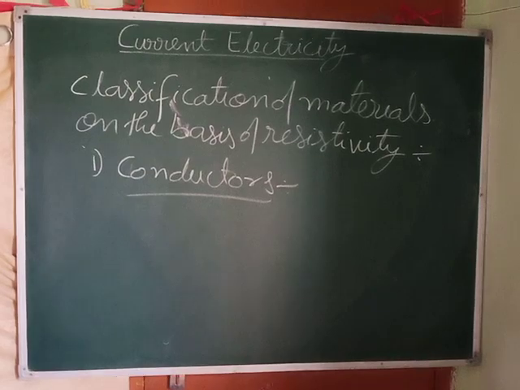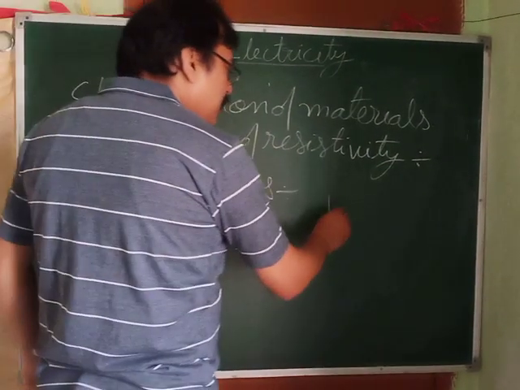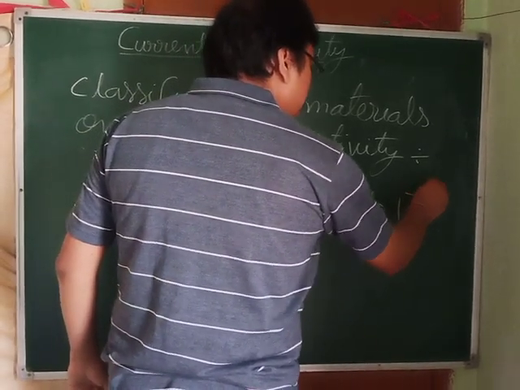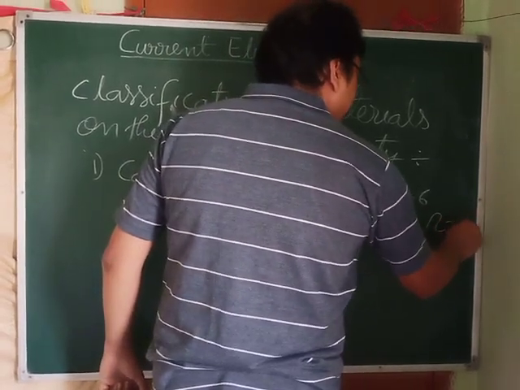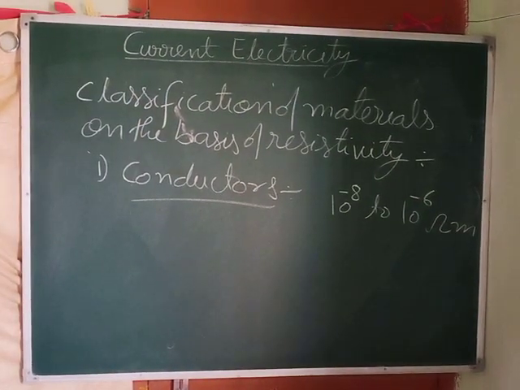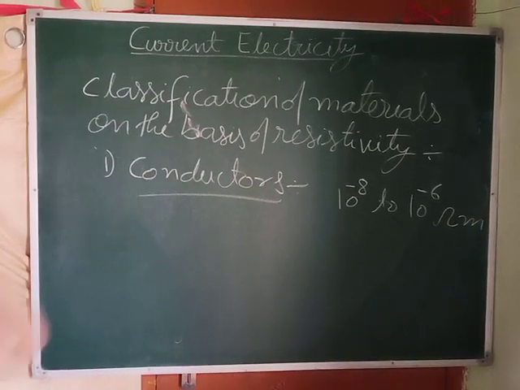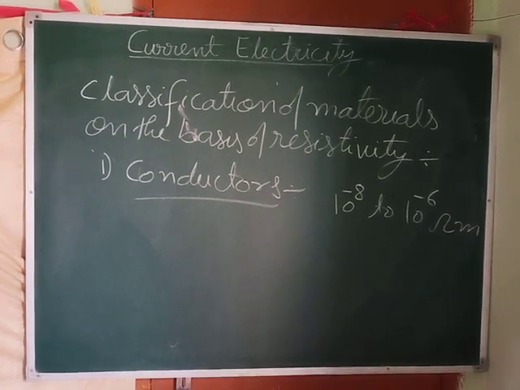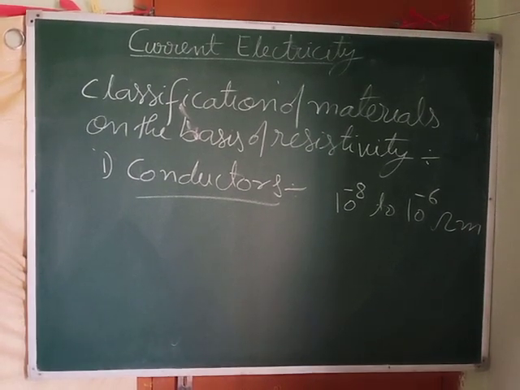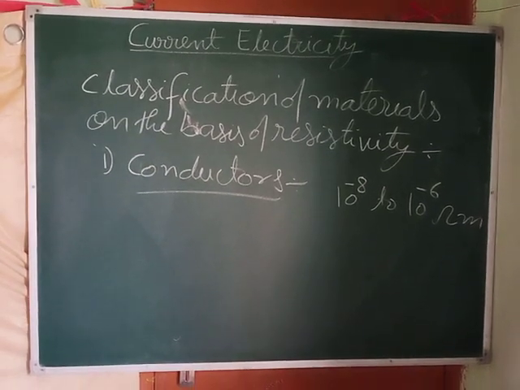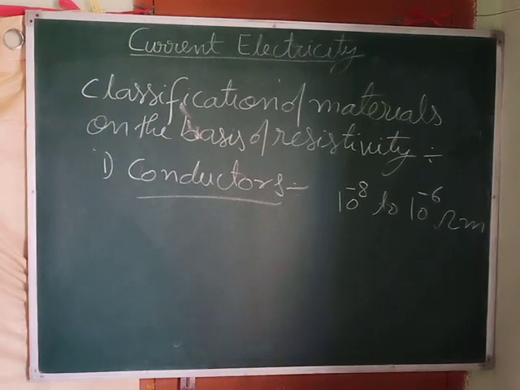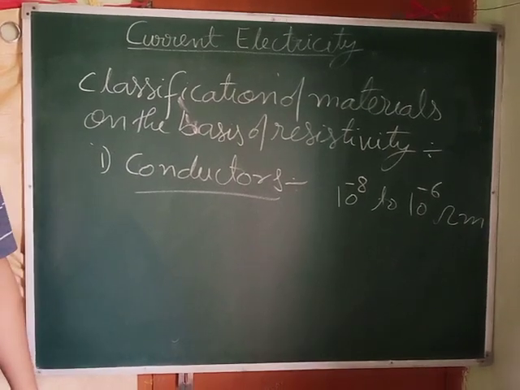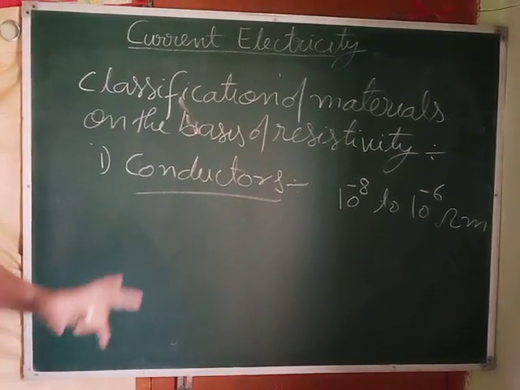The materials having resistivity between 10 to the power minus 8 to 10 to the power minus 6 ohm meter are called conductors. The metals like copper, silver, aluminium have least resistivity. That's why they are very good conductors.